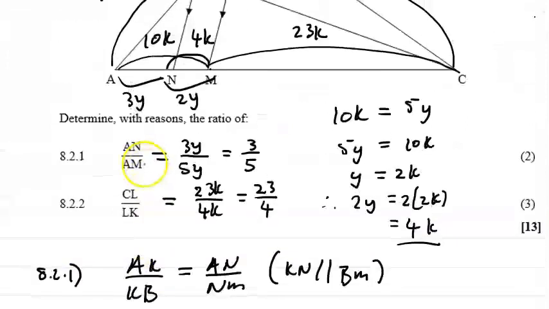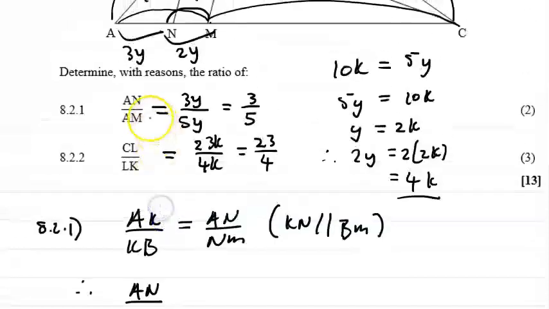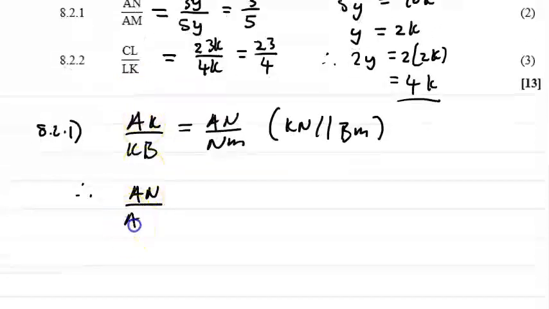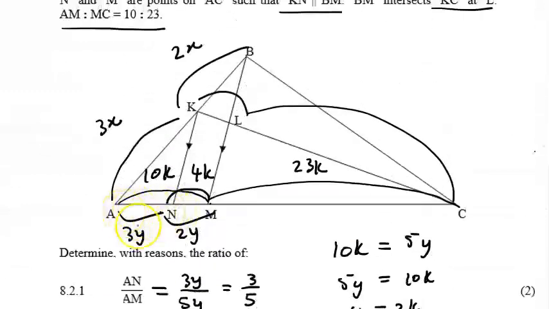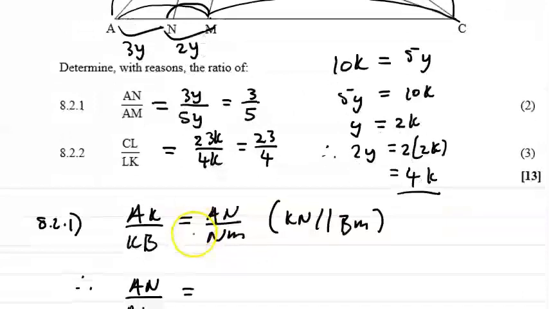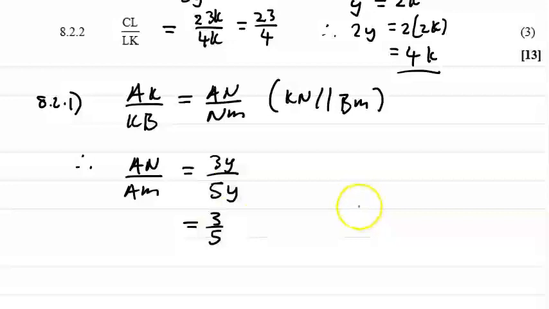Therefore, let's write AN over AM. So we got AN over AM, we got 3y over 5y, which will equal 3 over 5, or 3 is to 5. And that's our first solution.